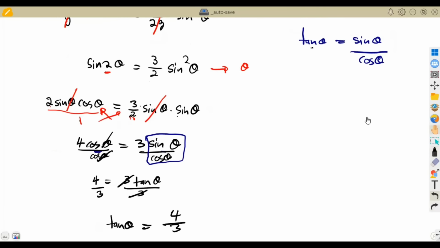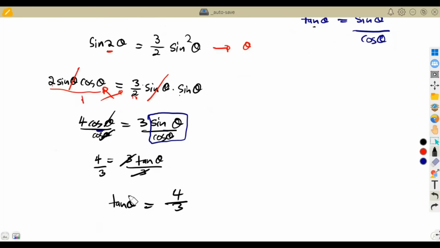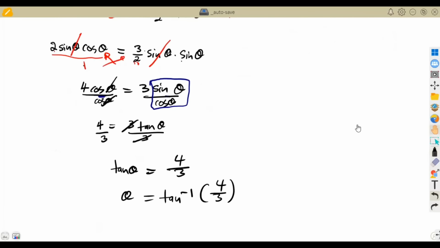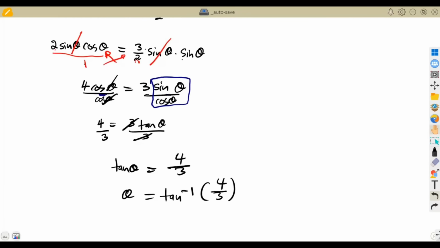And we know, guys, to find theta, it will be arctan from your calculator. So theta is going to be the arctan of 4/3, which is simply shift tan on your calculator. Let me just show our calculator here.